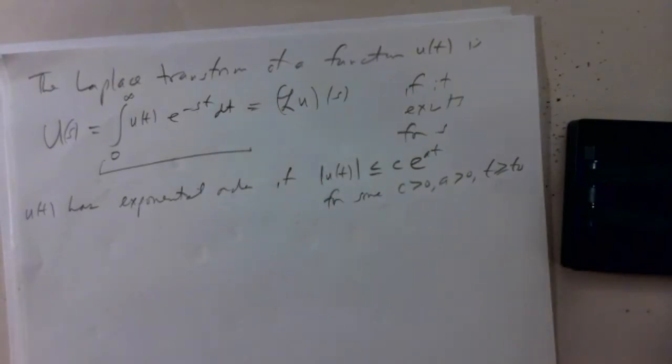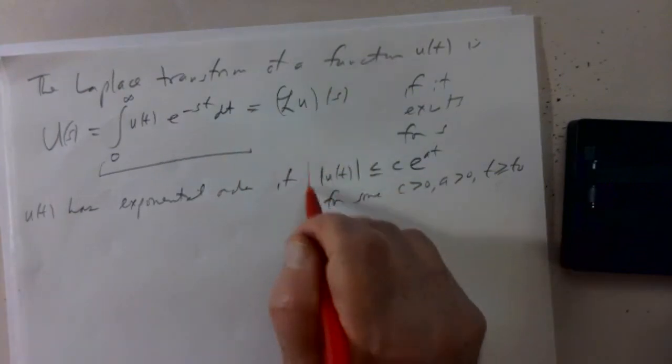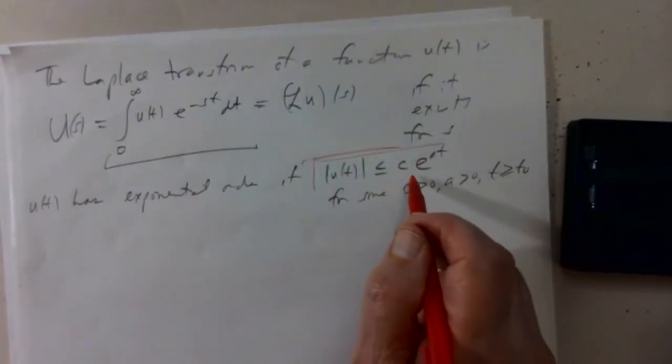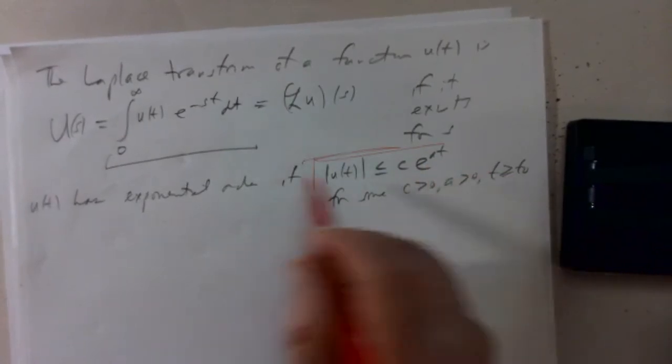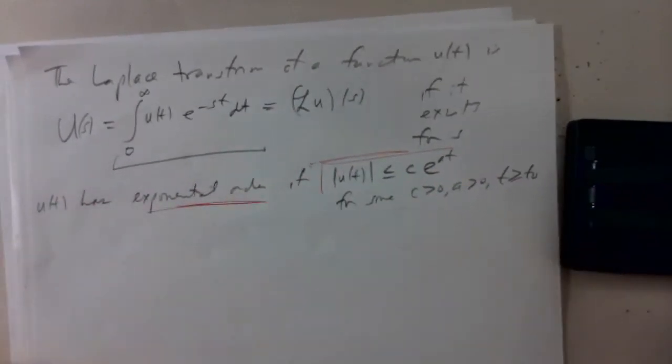So a function u, which in absolute value is bounded by an exponential function e to the at for all t from some point on, is said to have exponential order.